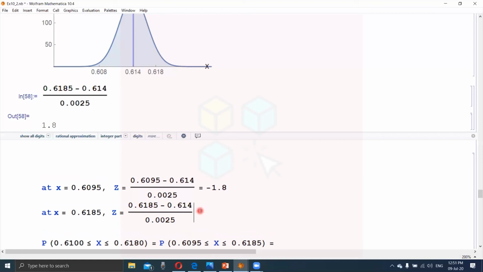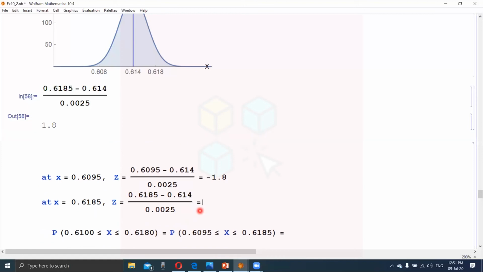This shows that both of these points are equidistant from the mean mu. Mu lies in the center, minus 1.8 is on the left tail, and 1.8 is on the right tail.